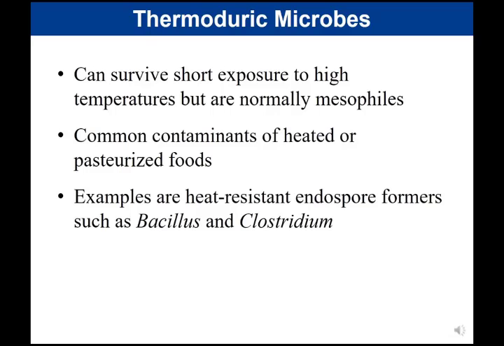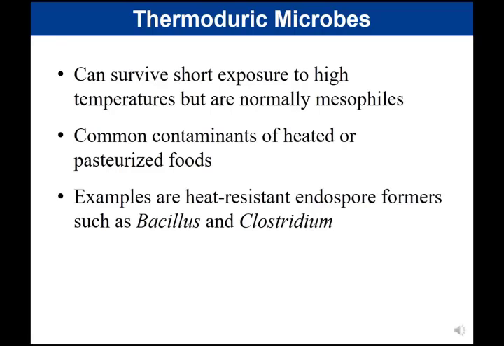And so these are common contaminants of heated or pasteurized foods. Meaning, again, pasteurization is using low heat to reduce the number of spoilage microbes. And so thermoduric organisms are going to be resistant to that. And so again, these organisms would be common contaminants of heated or pasteurized foods.